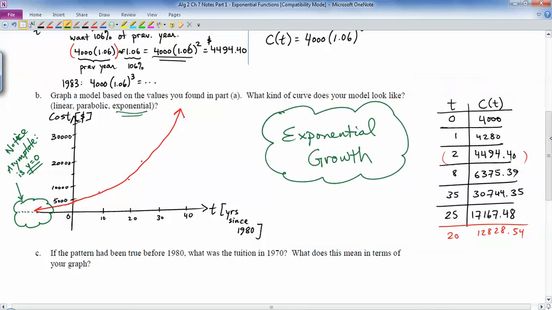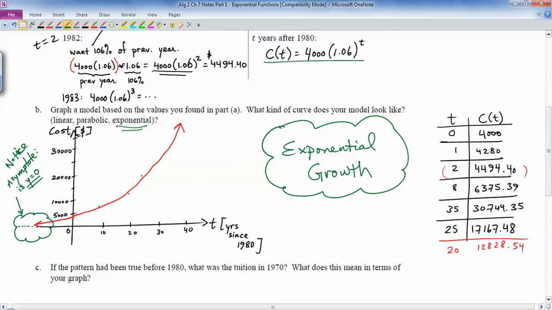Okay? So I want to come back up here to this equation and define a few terms for exponential growth formulas. Okay, so this value right here, that's our initial value, right? That's the value that you started with, initial value. And notice here, that's also the y-intercept, right? The 1.06, since it's bigger than 1, when you multiply by it, stuff gets bigger. So this is called the growth factor. And then there's one other thing that's kind of built into the 1.06.